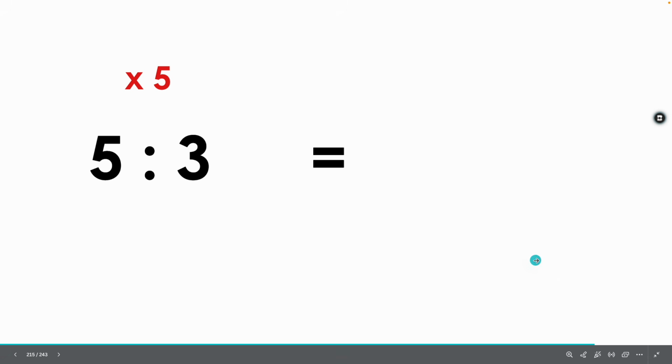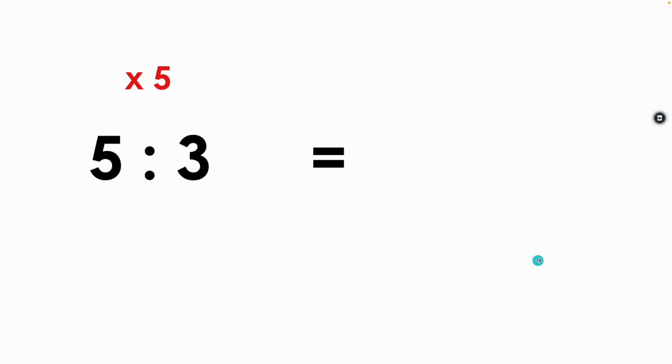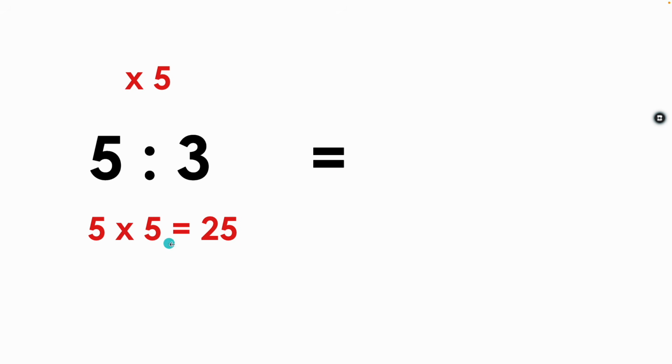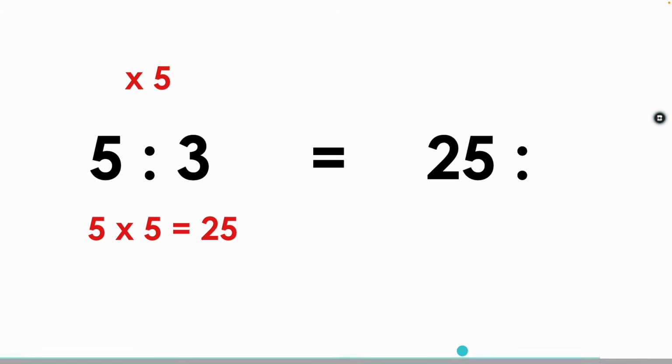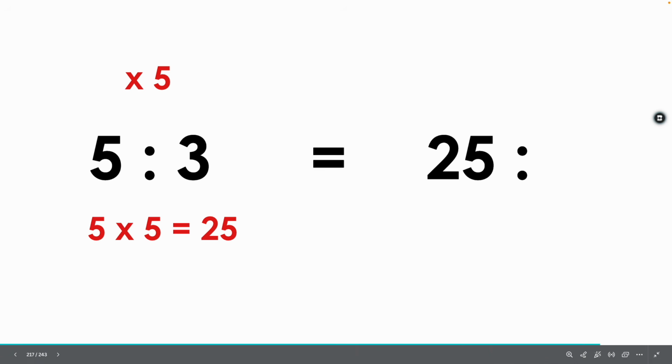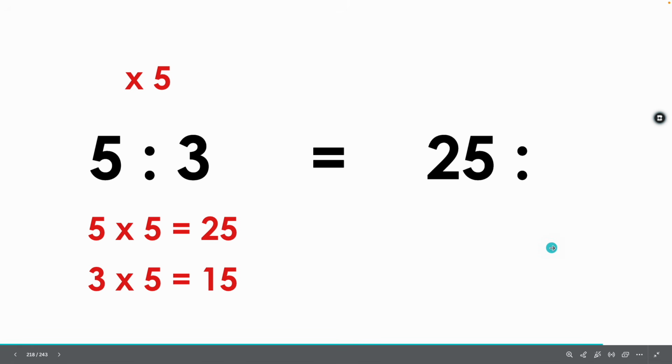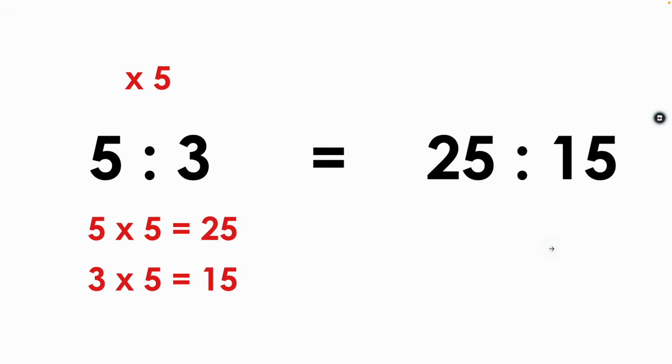So let us use 5 to 3 as an example. Suppose we multiply both terms by 5. So 5 multiplied by 5, the answer is 25. Alright, so how about 3 times 5, I'm sorry. So we have 15.